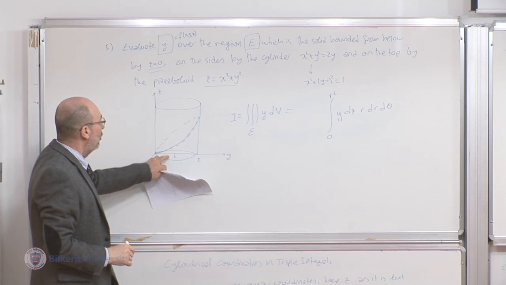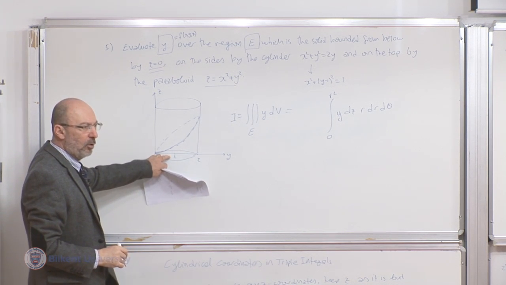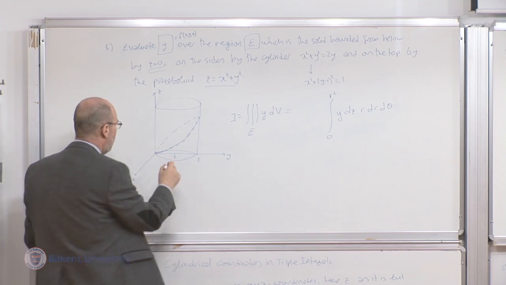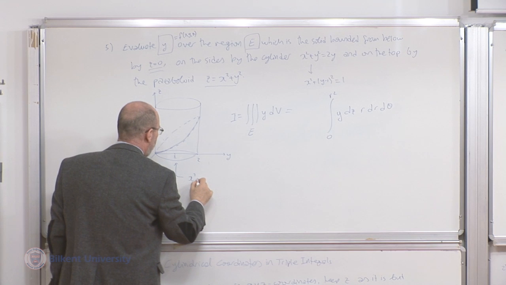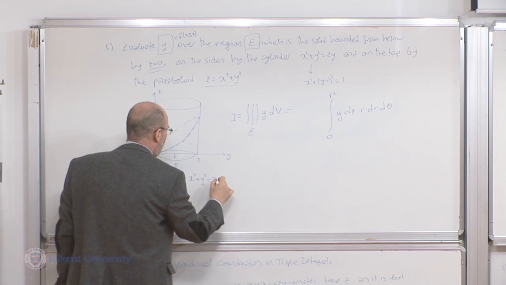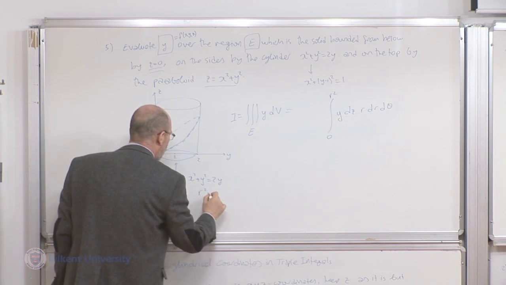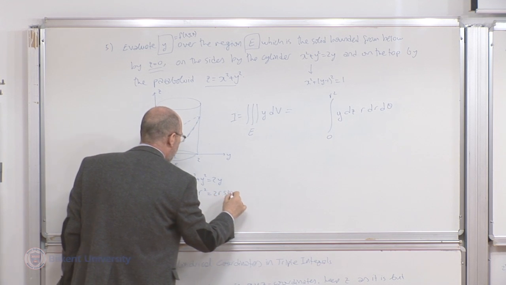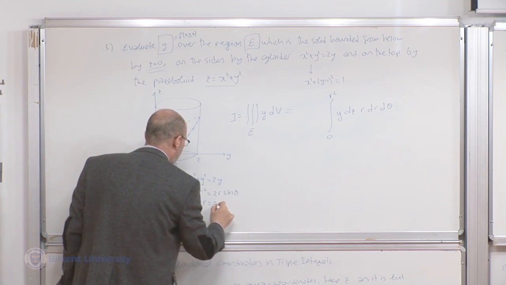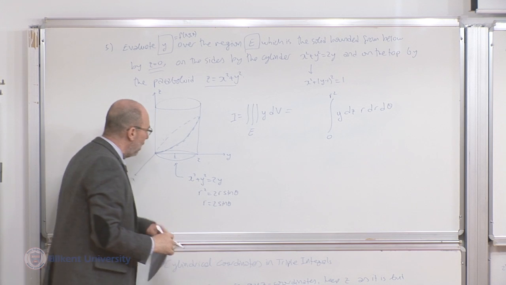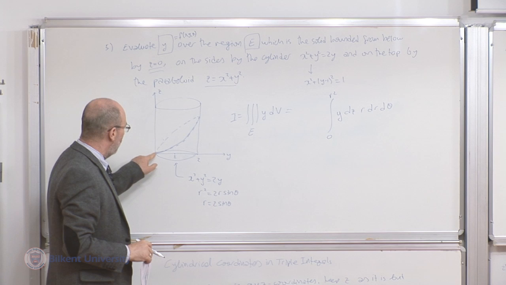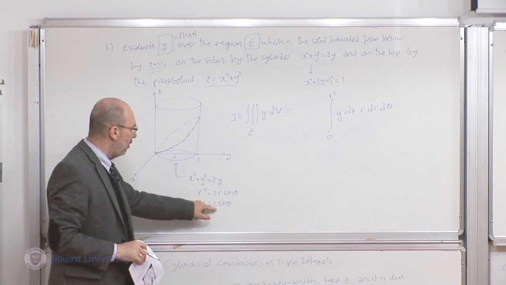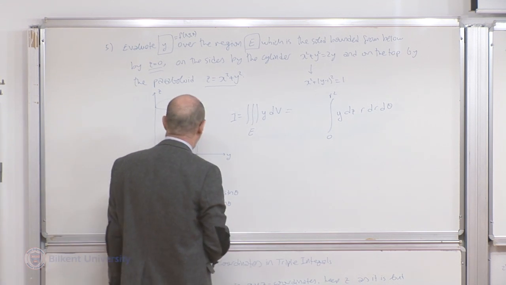Next we have to describe this circle in polar coordinates. We know what this is: x squared plus y squared equals 2y. So this is r squared equals 2r sine theta, or r equals 2 sine theta. The cancelled r will be 0 at the origin, and the origin is covered by this equation.